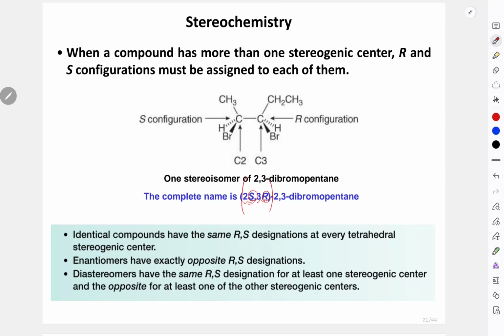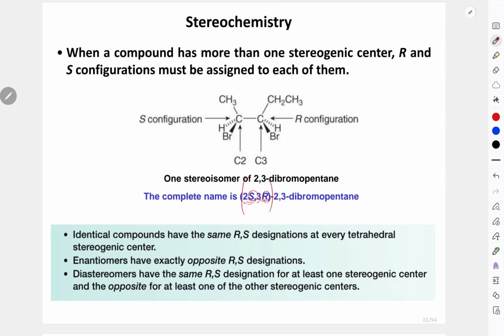What about the diastereomer relationship? The diastereomers have the same RS designation for at least one stereogenic center, or asymmetric center, and opposite for at least one of the other stereogenic centers. So you can take an example. Maybe you can think about then 2S, 3S 2,3 dibromo pentane.